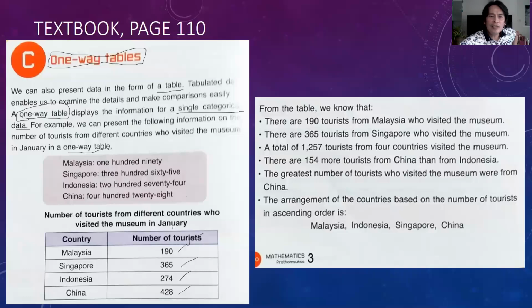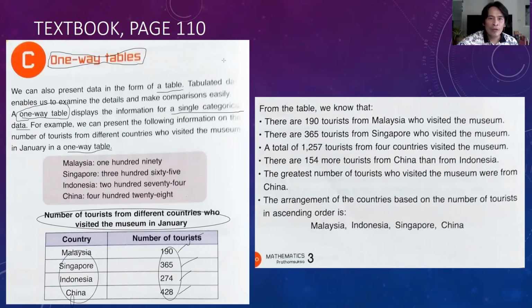Okay, so the first thing to do when you are creating a table is the title. This is the title, 1 point. And then the second is the description of the first column. What is a column? The vertical line, this one. What is this all about? This is country. And what is the second column all about? These are the number of tourists.